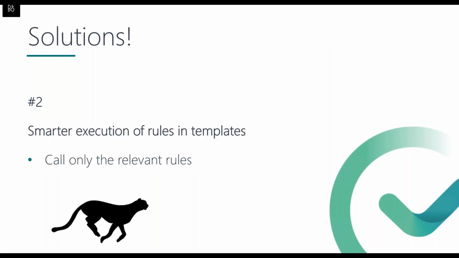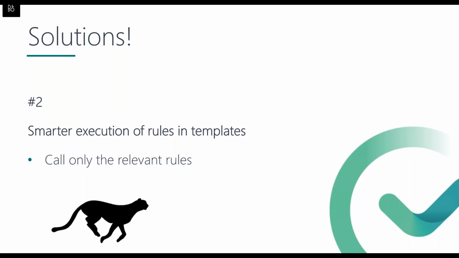Solution number 2. We've introduced a smarter execution of rules in templates. What does this mean? Previously, basically all of the rules or majority of the unchanged rules have always been called when the template was being loaded.